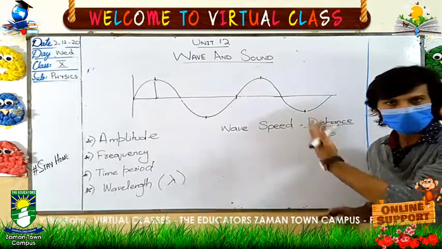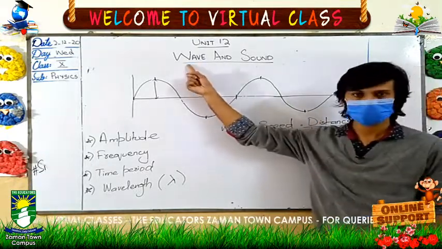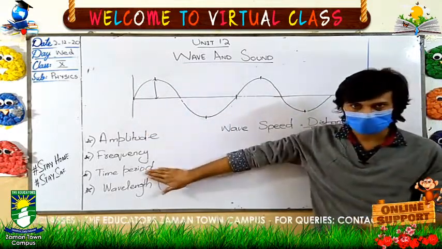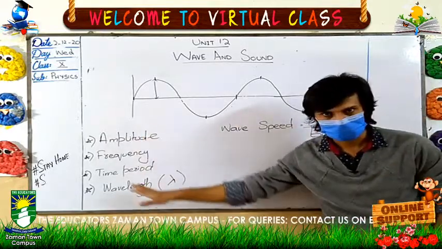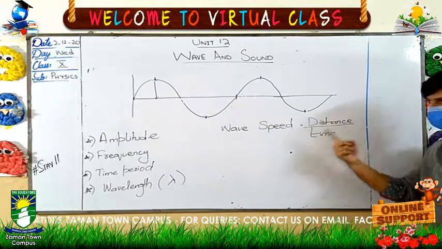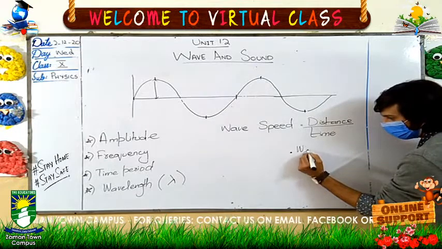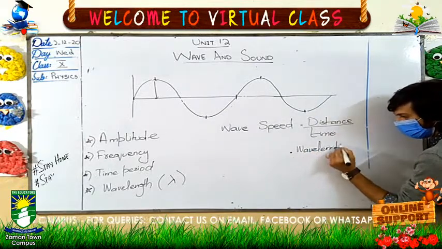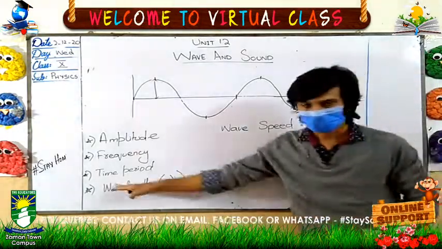But as we are talking about a wave, I am changing these terms according to the characteristics of waves. I will replace distance with wavelength, and time with time period.